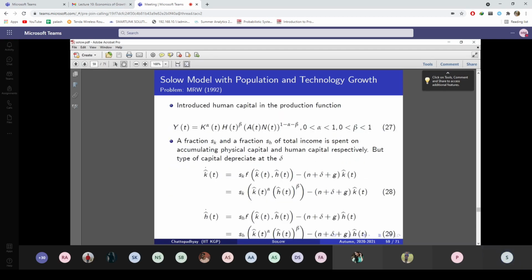You should do it. I have not shown the entire derivation in the PPT, but it's pretty easy and it can be done. And also this part, to identify the long run growth rate, you divide both sides by y_t to the power alpha plus beta, and you manipulate, and you use the result that capital K by capital Y at the steady state is constant, capital H by capital Y at the steady state is constant, and you calculate the rate of growth of capital Y and the rate of growth of small y.